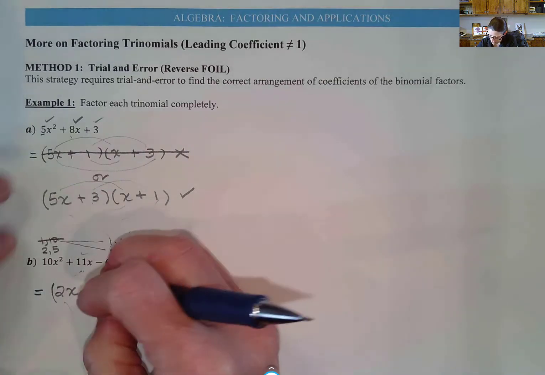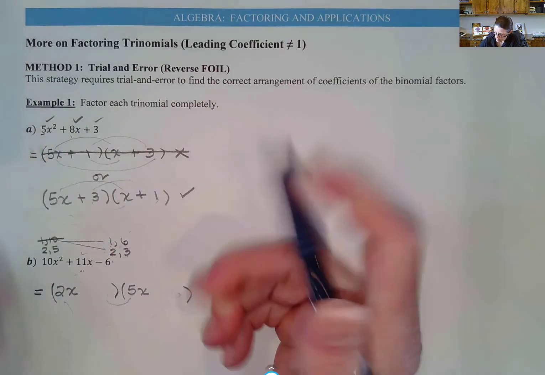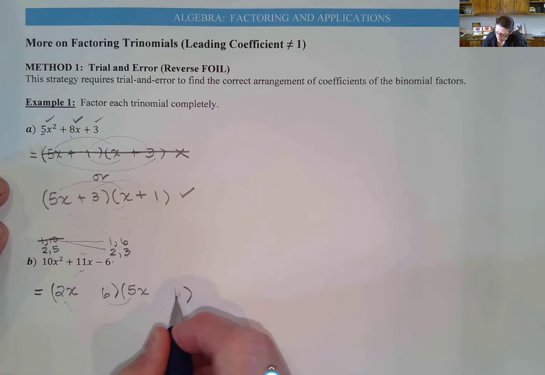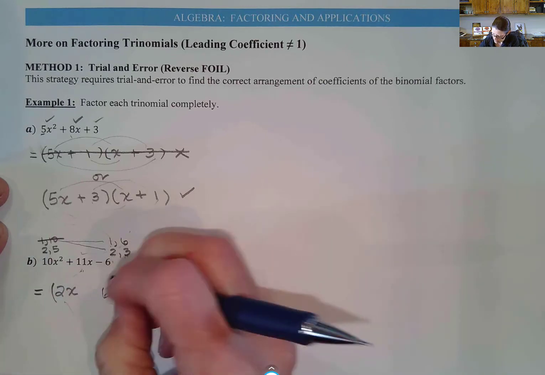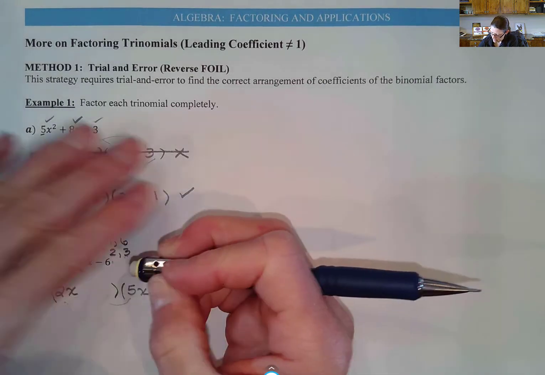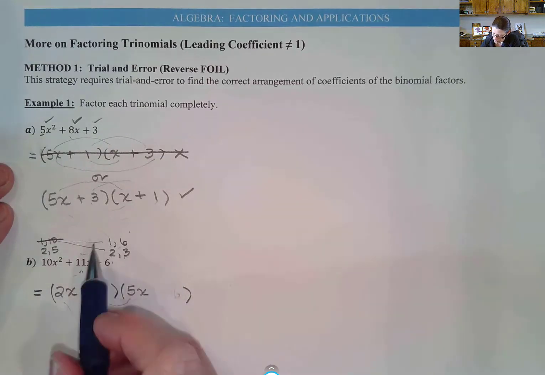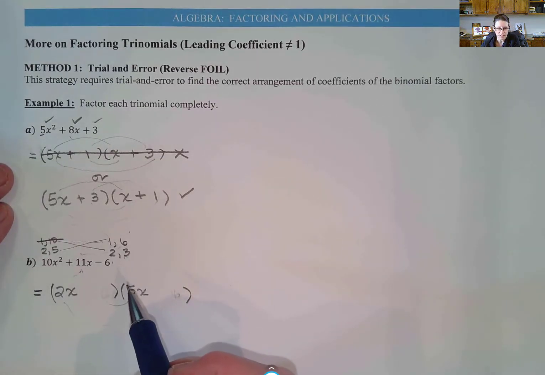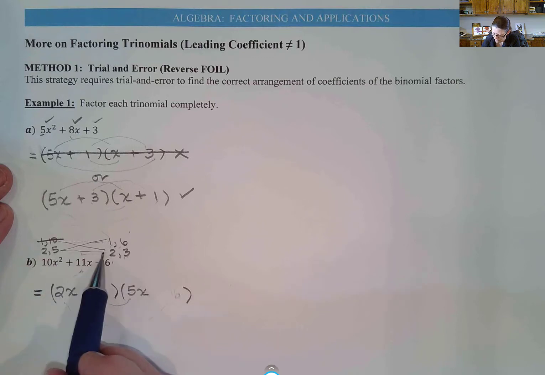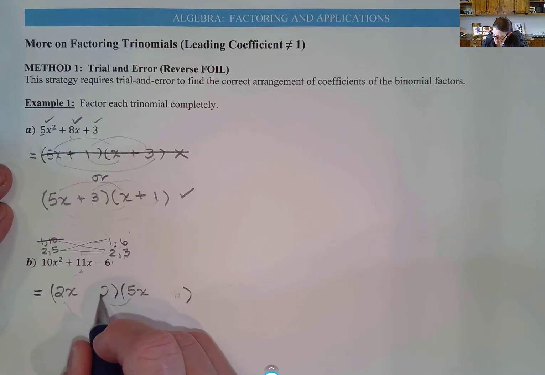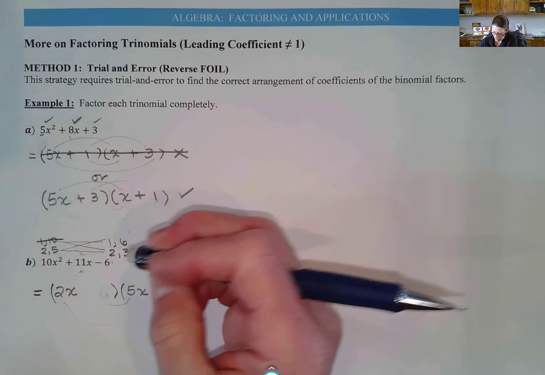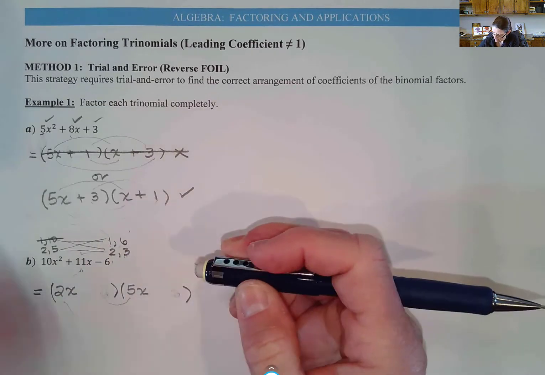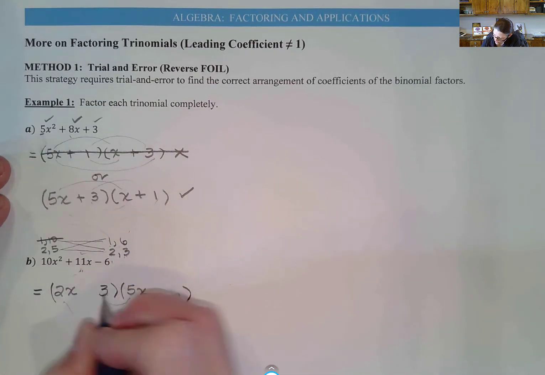No. If we switch the 6 and 1, 30x and 2x, we can't subtract those and obtain 11 either. So I don't think we're going to get to use the 2, 5 with the 1, 6. How about the 2 and 5 with the 2, 3? Can we place 2 and 3 in here? 10x with a 6x, we can't subtract those in either order and obtain 11. How about the 3, 2?